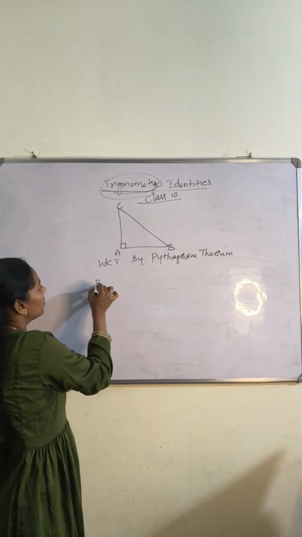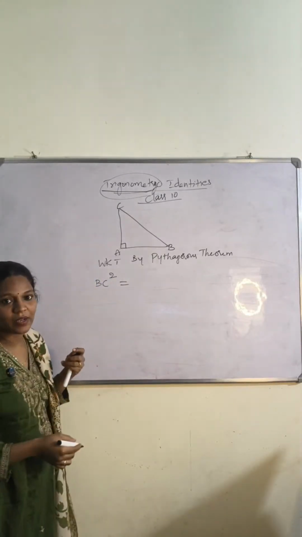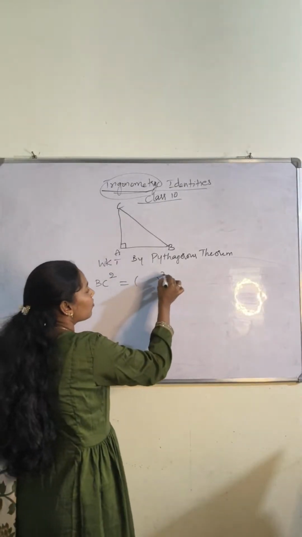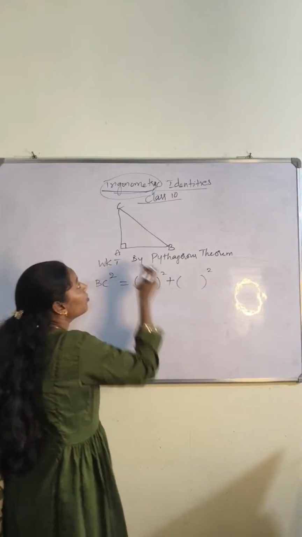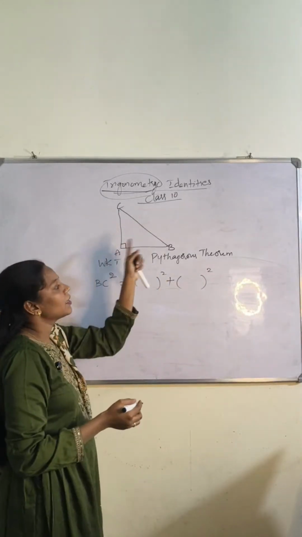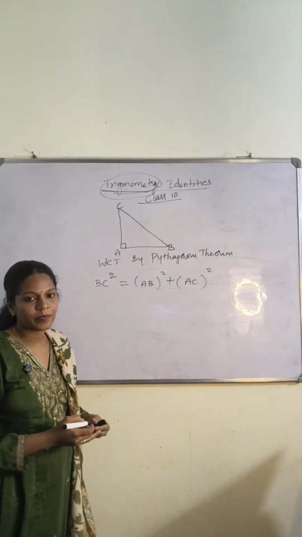So let me write BC square of hypotenuse is equal to sum of squares of the remaining two sides. What are the remaining two sides other than the hypotenuse? AB and AC are the remaining two sides.